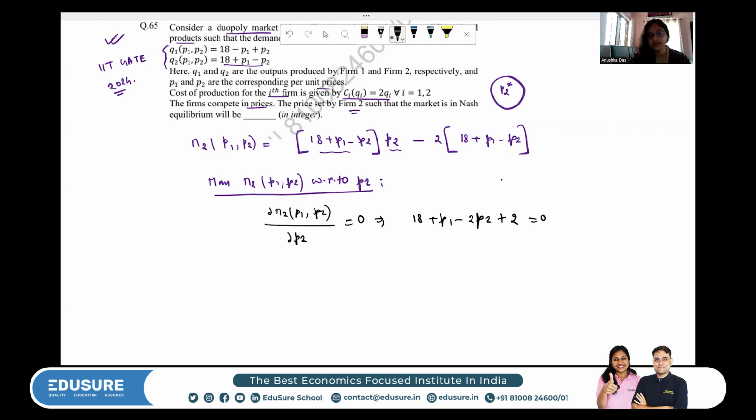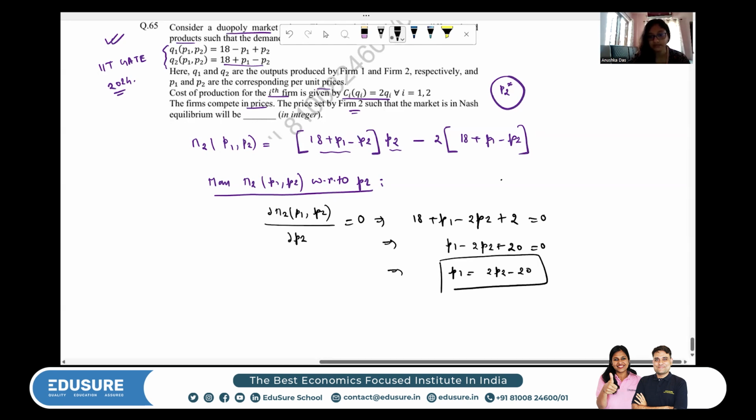So this will be P1 minus 2P2 plus 20 equals 0. So what will be P1? P1 is 2P2 minus 20. This is the expression that you are getting.